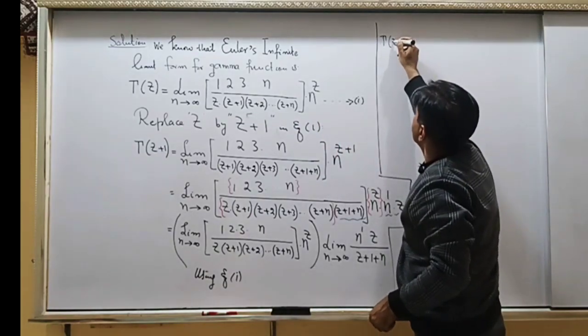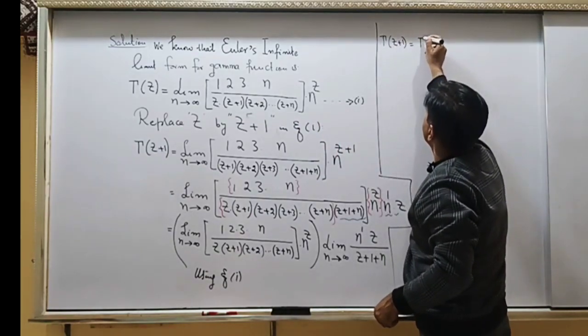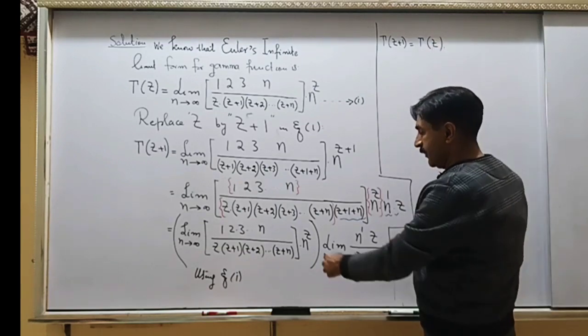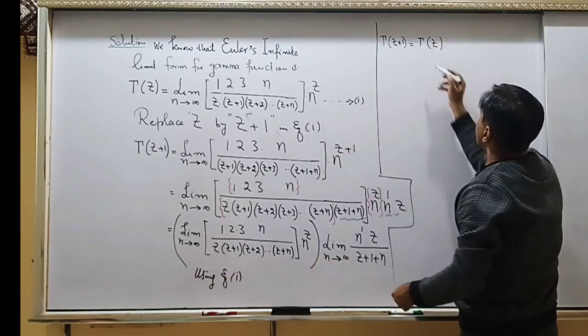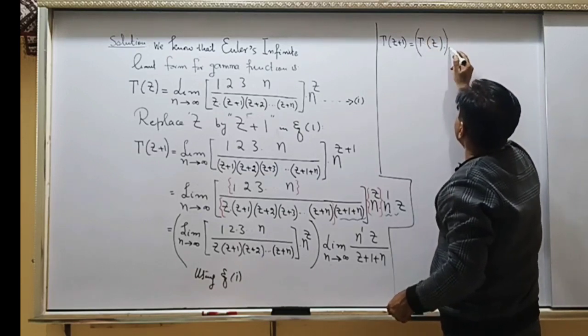Gamma of z plus 1 is equal to gamma of z, for this in the round brackets I put here.